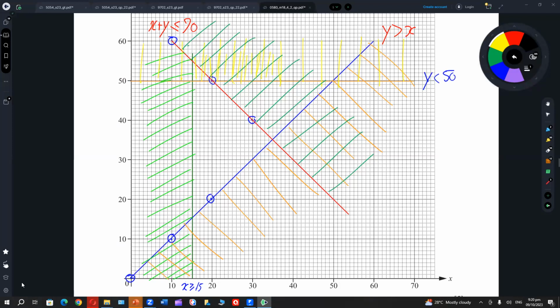We have to calculate the maximum. How do we solve this type of question? Simply locate all the vertices. I'm marking them: let's say this is A, B, C, all the vertices, D. These are the 4 coordinates of the unshaded region.